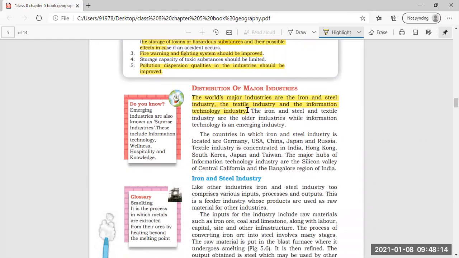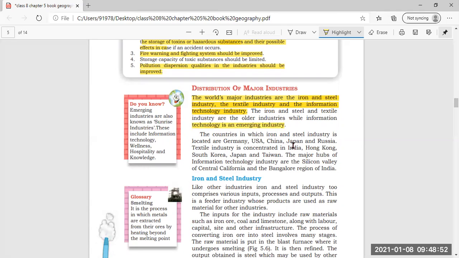The iron and steel and textile industries are the older industries, meaning they have prevailed in the country since very early times, while information technology is an emerging, recent industry.